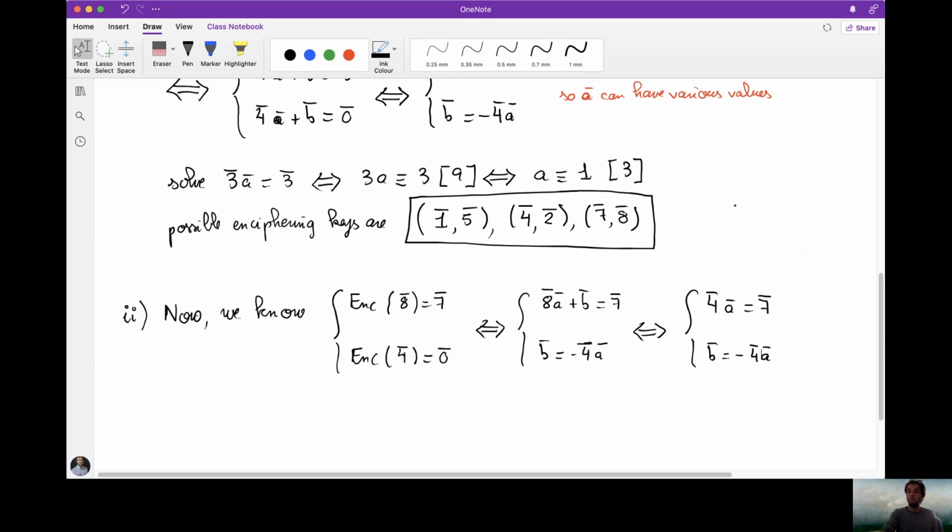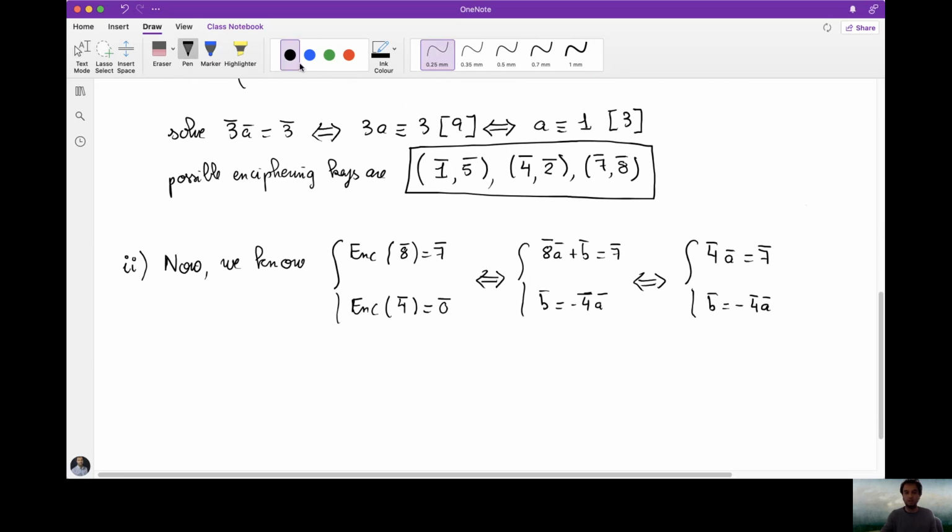Okay, now we have a different situation, because in this case 4 is relatively prime with 9, so 4 is invertible, and you can divide by 4.